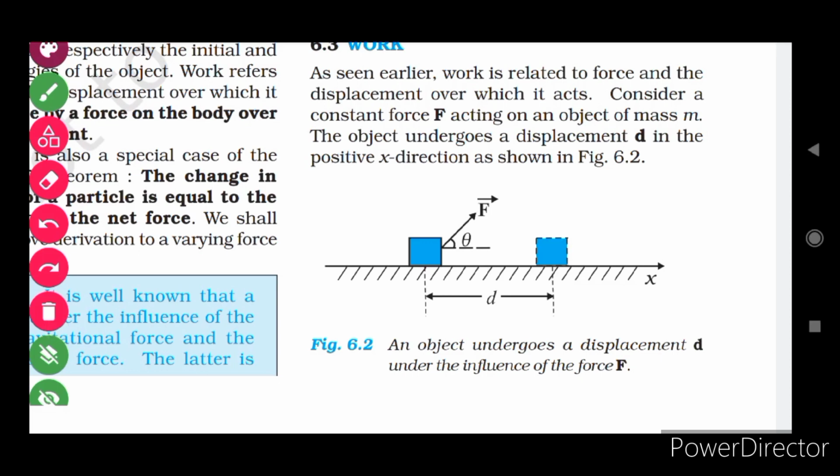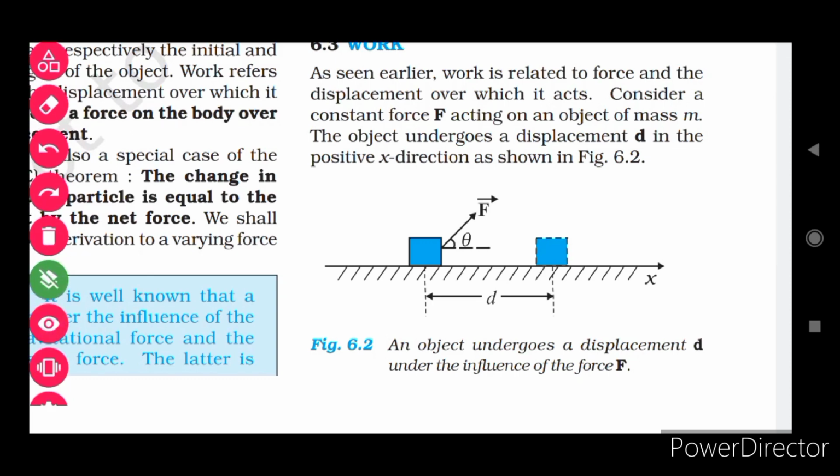We will talk about variable force later, but for now we are considering constant force. In real life, do we apply a constant force on an object? Not necessarily. More likely it will be a variable force, changing. But for our understanding, let's understand work from the perspective of a constant force.